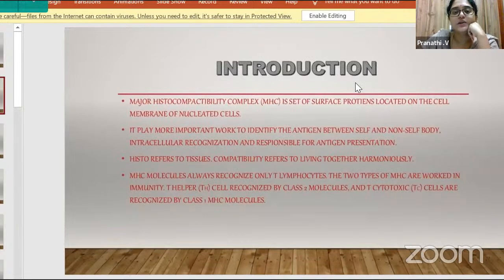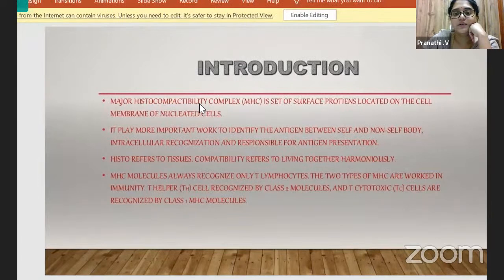They are surface proteins located on the cell membranes of nucleated cells. They play an important role in identifying antigens as self or non-self, that is, foreign. They are also useful for intracellular recognition, and they majorly present the antigen to B lymphocytes and T cell receptors.